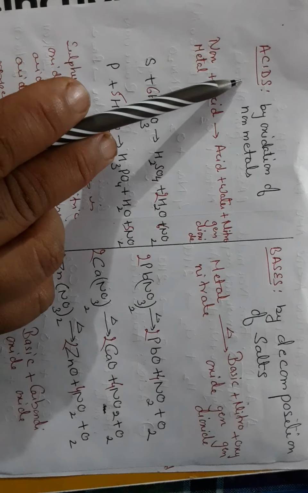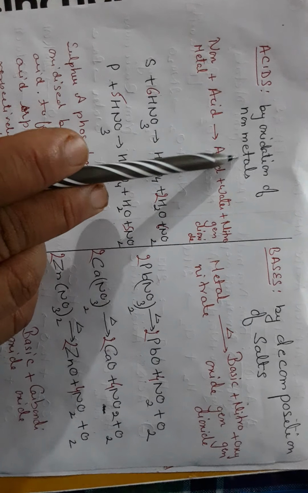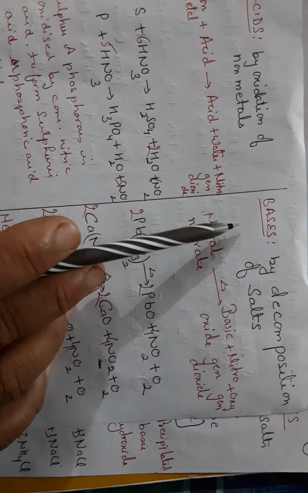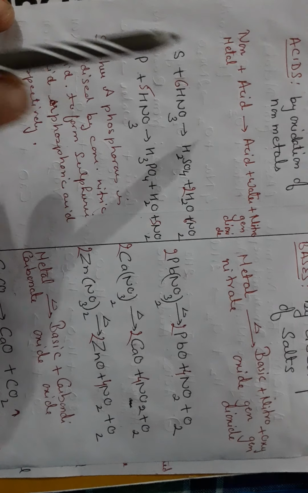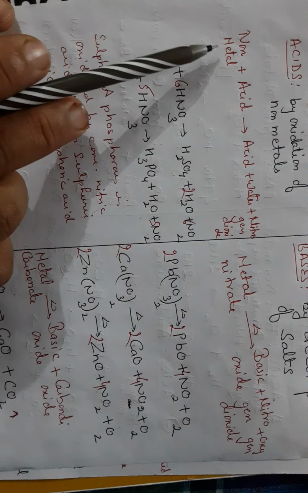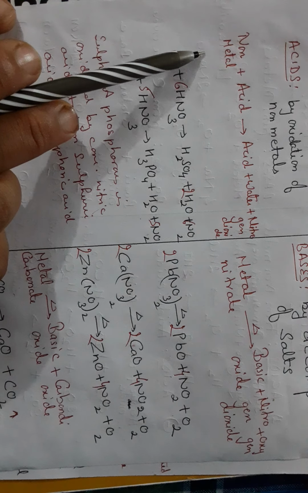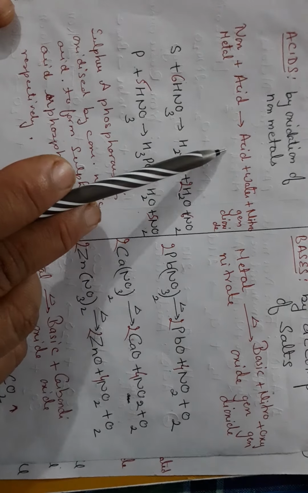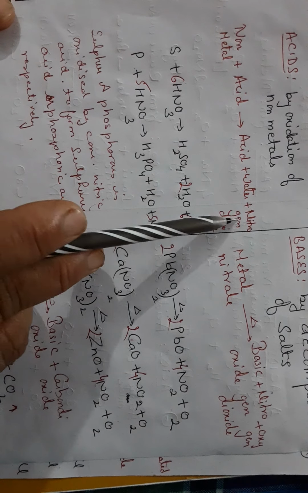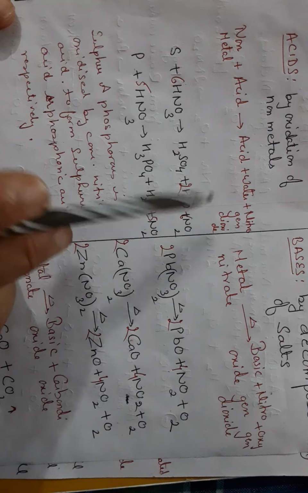Now, preparation of acid by oxidation of nonmetals and bases by decomposition of salts. Nonmetals and acid react to form acid plus water plus nitrogen dioxide.